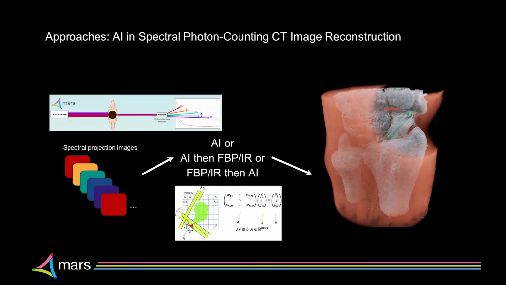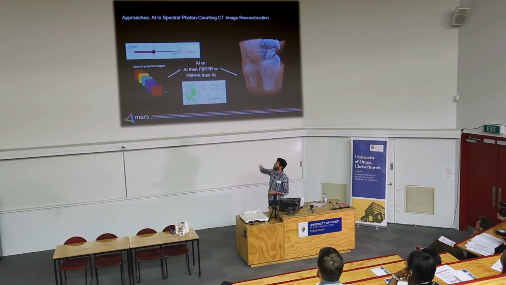All right, so where does this actually happen within a pipeline as complicated as spectral reconstruction? I give you the idea that we're taking this as not quite a black box, but a procedure that goes from spectral projection images to a 3D reconstruction. In between, we can insert this artificial intelligence or deep learning network at multiple places.